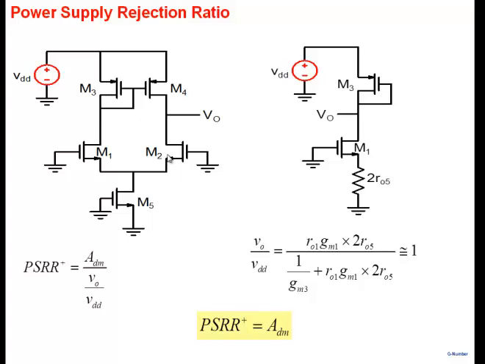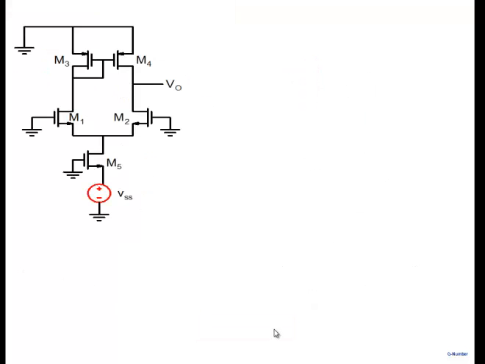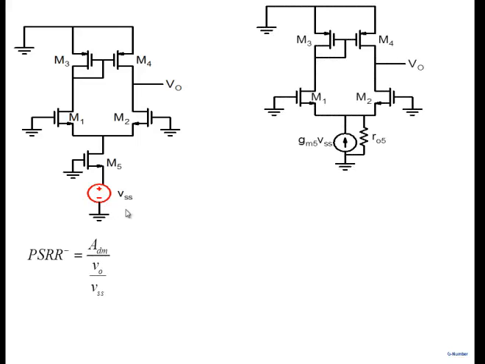Remember, a common source amplifier had a transistor like this and another transistor like this, and there the PSRR plus was 1, and similarly PSRR minus was also close to 1. Now you're getting PSRR plus as ADM. So it's a pretty good value of PSRR plus. Now the same thing will happen here, VSS here. This calculation is slightly more involved. See whether you can follow these steps.